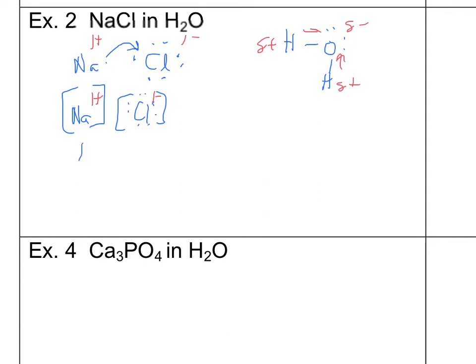NaCl has ionic bonds because I have a full transfer of an electron between a metal and a nonmetal. That makes this an ionic compound, and it uses ionic forces to stay together.